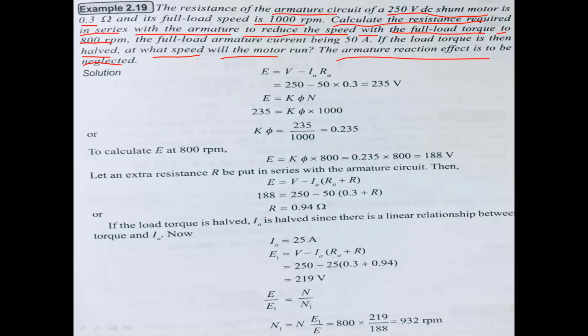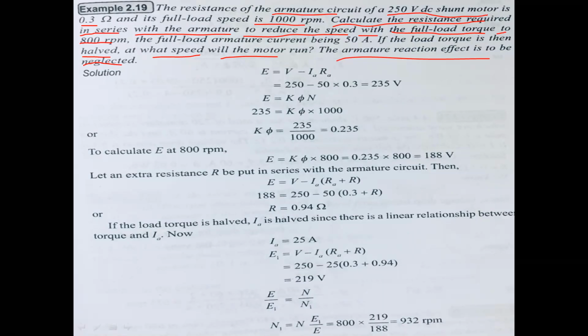So this is the problem. First of all, read the problem carefully. The resistance of the armature circuit of a 250 volts DC shunt motor is 0.3 ohms and its full load speed is 1000 rpm. Calculate the resistance required in series with the armature circuit to reduce the speed with the full load torque to 800 rpm.